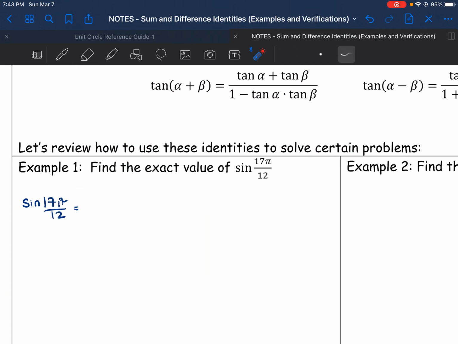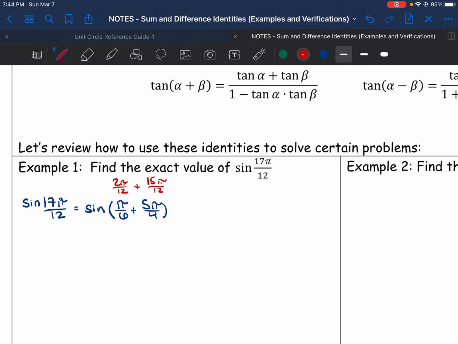So I'm going to say sine of 17 pi over 12 is equal to the sine of pi over 6 plus 5 pi over 4. And again, that's because pi over 6 is 2 pi over 12, and 5 pi over 4 is 15 pi over 12. And we can see very easily that they add up to 17 pi over 12, okay?